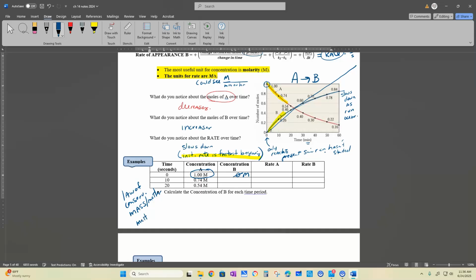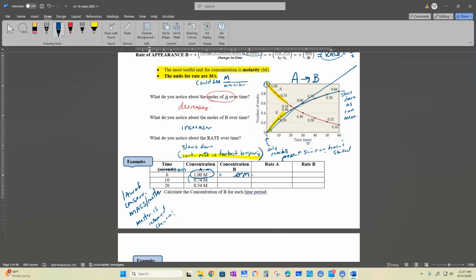So matter and mass is rearranged. But remember, it has to be in a chemical reaction. So if I started with 1 molarity, when I add these two up, it's got to equal that 1 molarity because that's what I started with. So over time, 10 seconds, even though I'm going to change that to minutes because our graph said minutes.